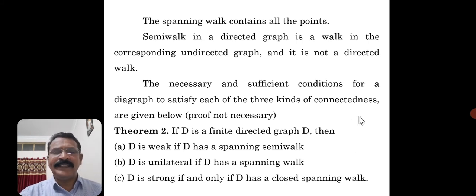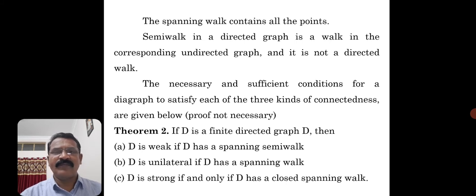If D is a finite directed graph, then D is weak if and only if D has a spanning semi-walk. D is unilateral if and only if D has a spanning walk. See the difference? A semi-walk gives a weak digraph.